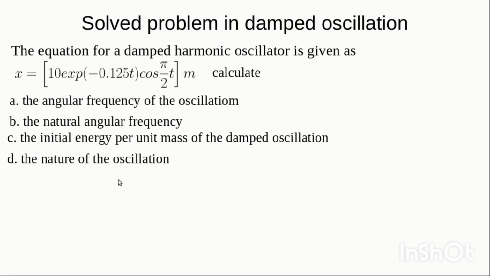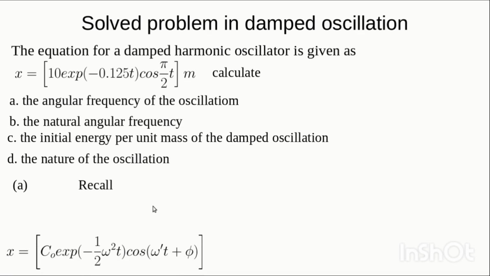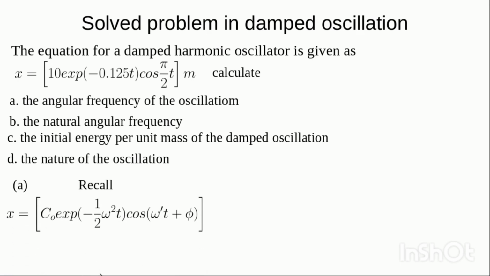So to solve this particular problem, we recall the standard equation of this form, the general equation, which is given as this, right? So we can compare letter for letter this equation to this equation, and just by observation, we can see that our C naught is just 10.